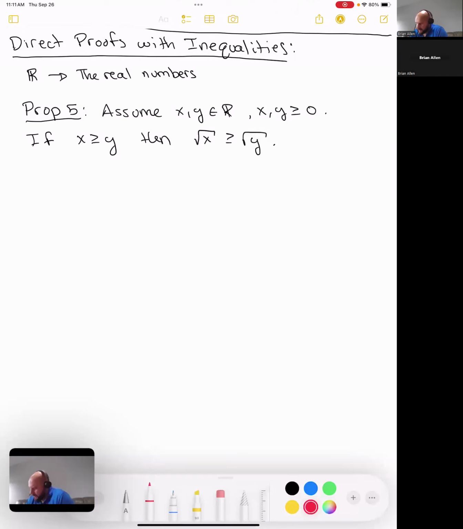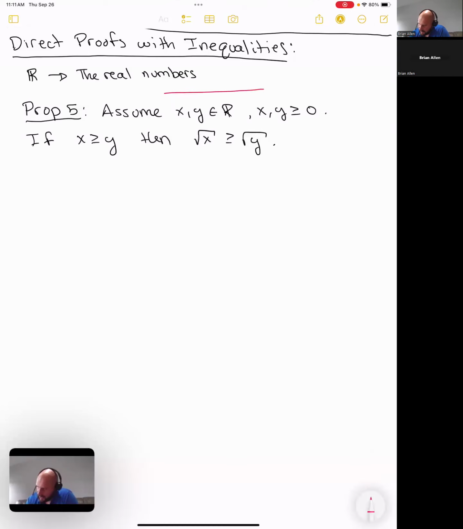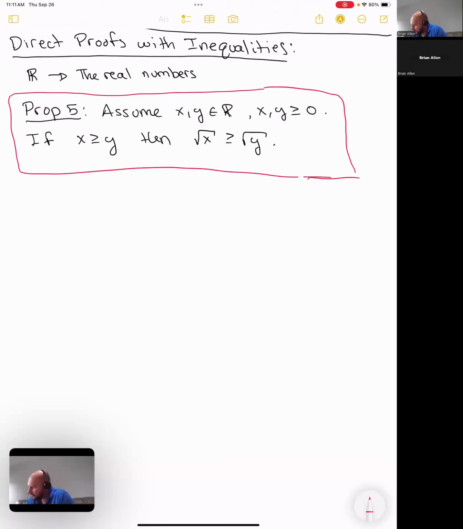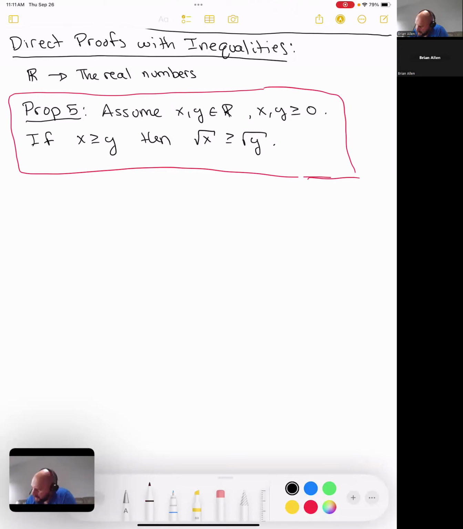Okay, a not too surprising fact, hopefully, but we're going to see how to prove this. And again, let's play a little bit, to make sure we're happy with this.